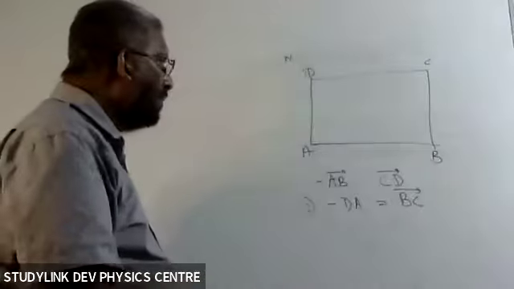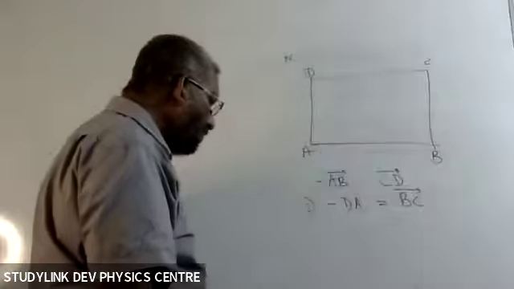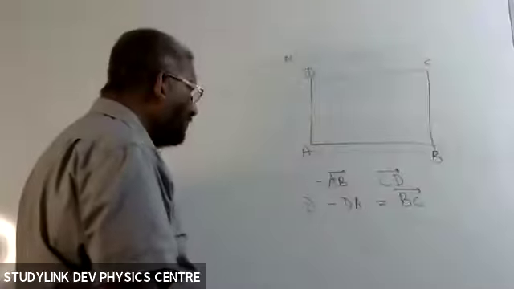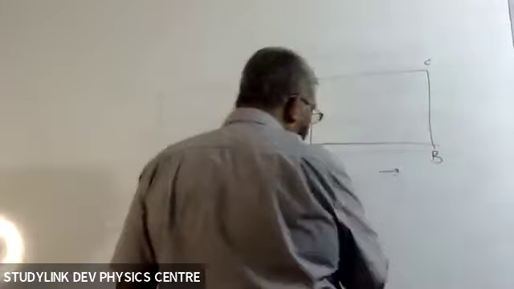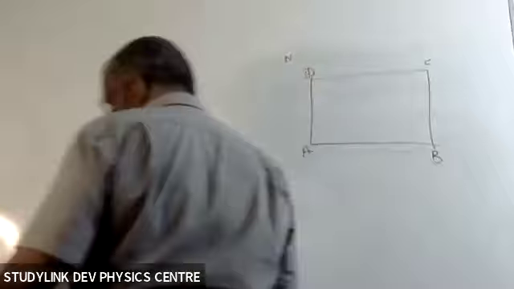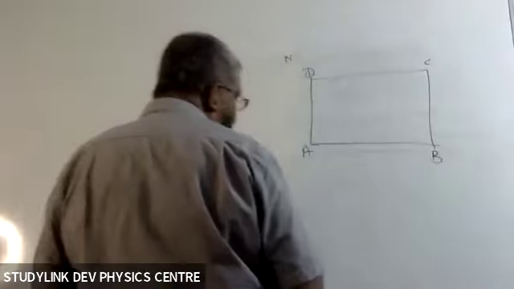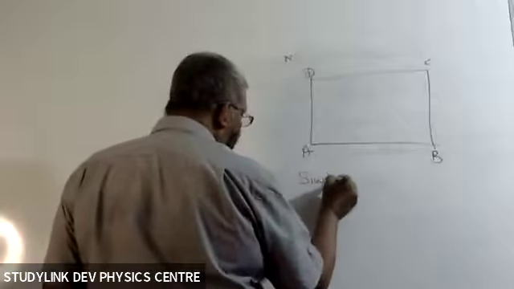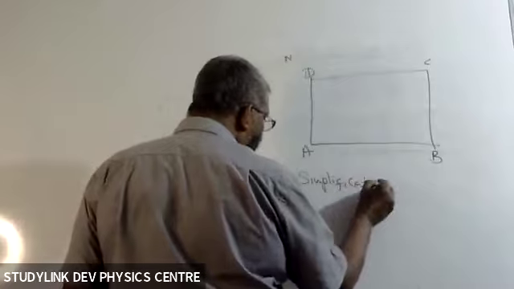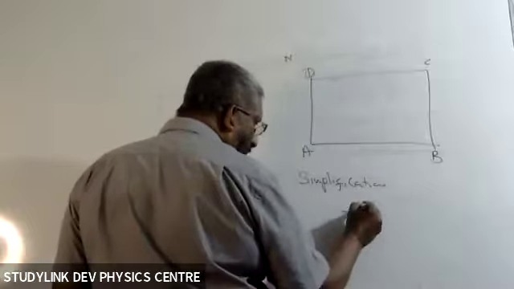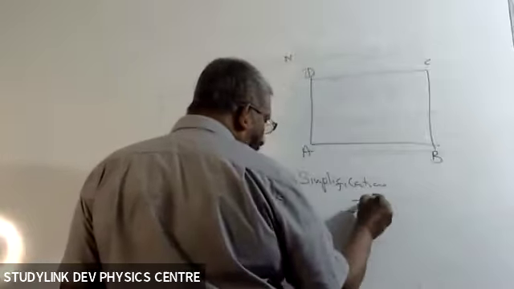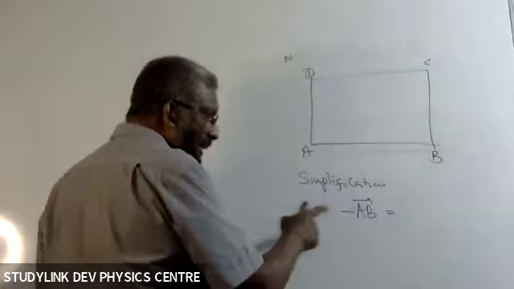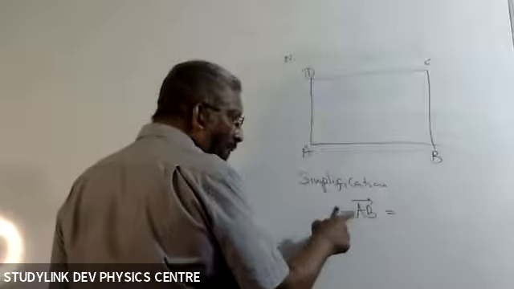Right. Now, before that, I will show you some easy simplifications. Minus AB means the direction is opposite of AB.